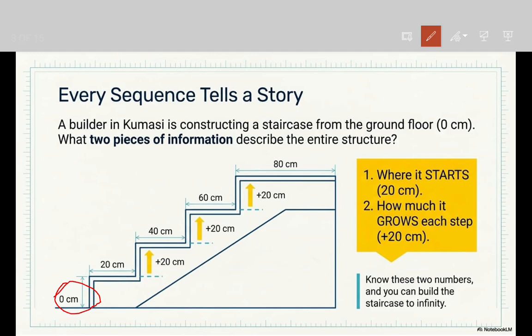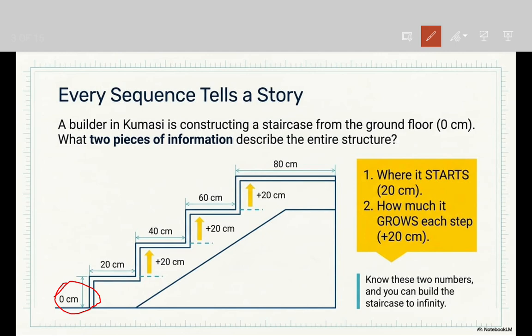Where do I start? At what height do I start? So that's the first term. And the second one, how much growth for each term? What is the height for each step?